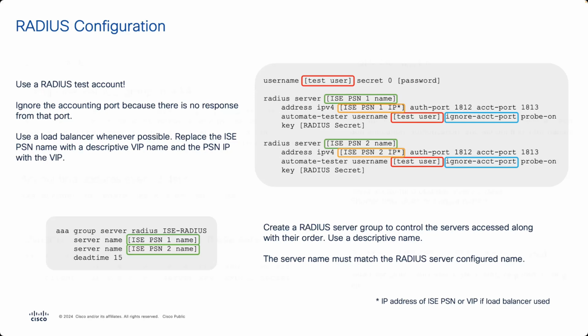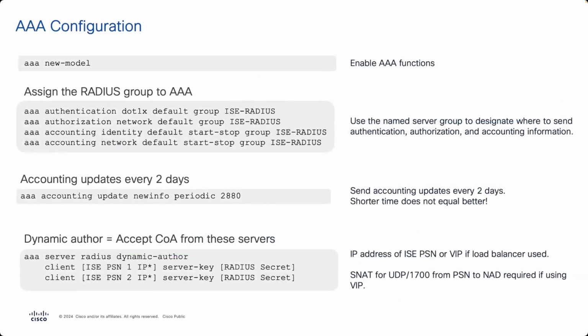Where that comes into play is in our AAA configuration. First off, some of the older versions of iOS don't have the full AAA feature set enabled. That's why you have to run the AAA new model command, so I include that in my templates as well.